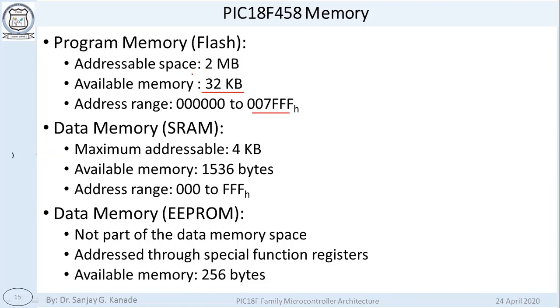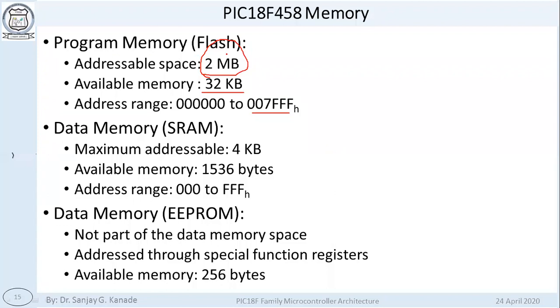This is the memory that we have available on chip. On chip means inside the IC it is available. If you still want more memory for your programs, then you can interface external memory with this, and that is possible, but in any case you cannot have more than 2 MB for program memory.